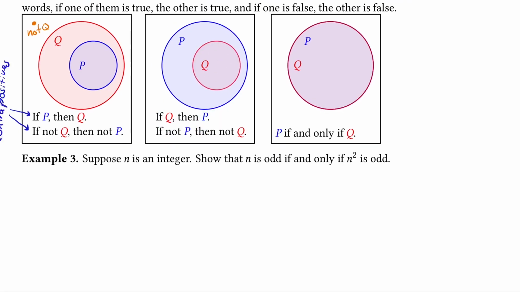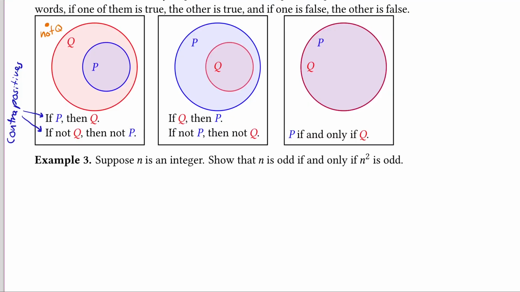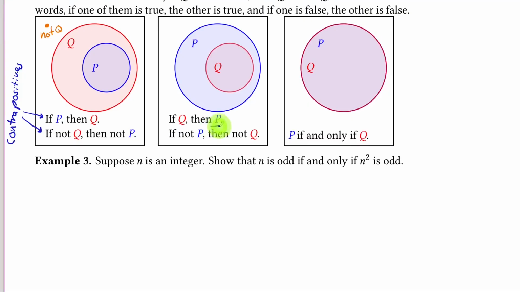That's equivalent to its own contrapositive, where if you change the order of the P and Q and also negate them, you get if not P, then not Q. Because if not P is true out here, that means Q must also be not true.